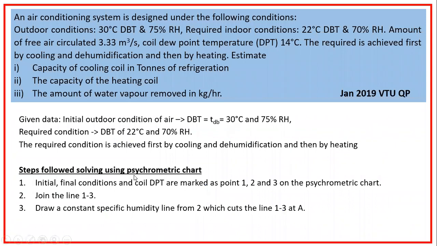Now we'll go to the next problem. This is the latest problem from the video question paper. It says an air conditioning system is designed under the following condition. The outdoor condition given is 30 degree DBT and 75% RH, and the required interior condition is 22 degree centigrade DBT and 70% RH.